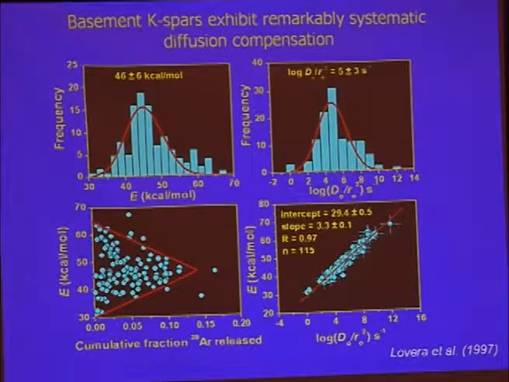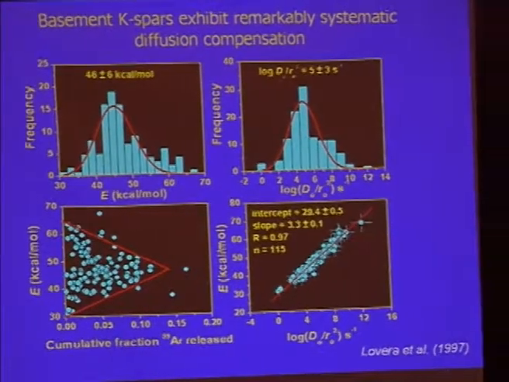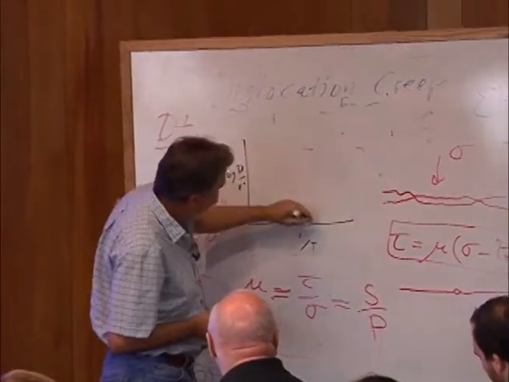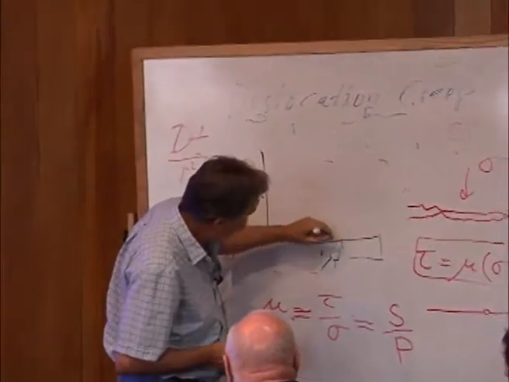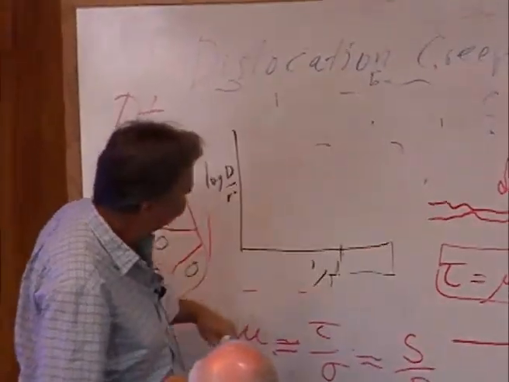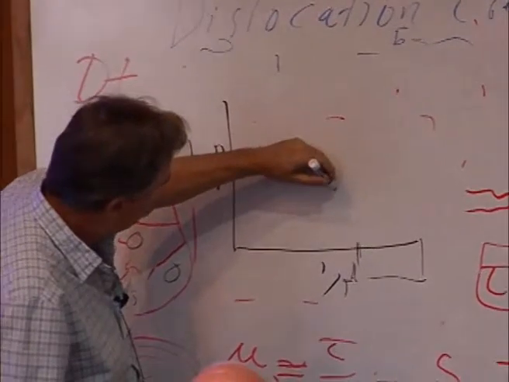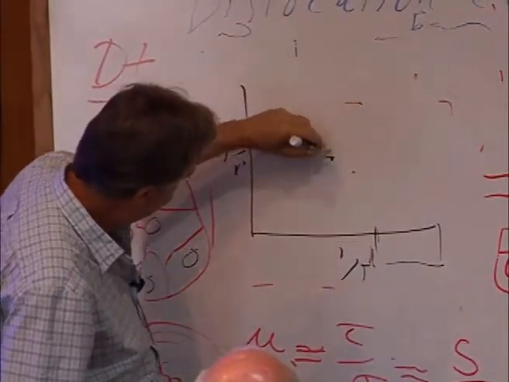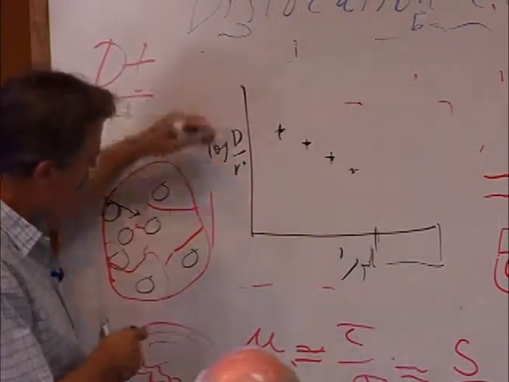Because at the same time you change, well, I've got a good one here. Yeah, this is log D over r squared, and this is 1 over T. And this is sort of the geological temperature interval of interest, and these are our log r naught data.